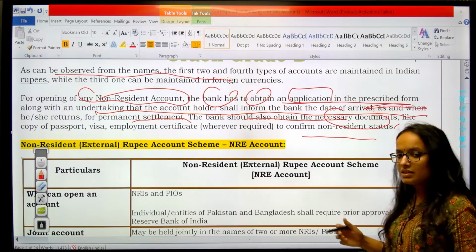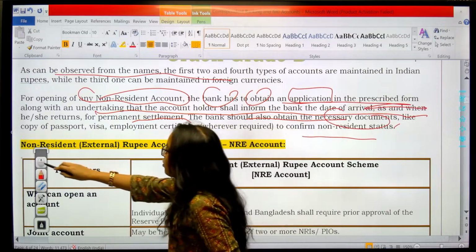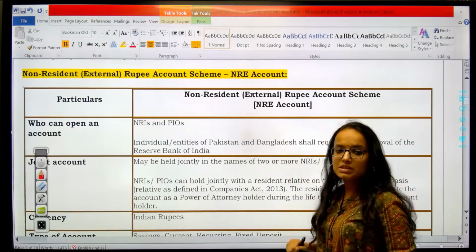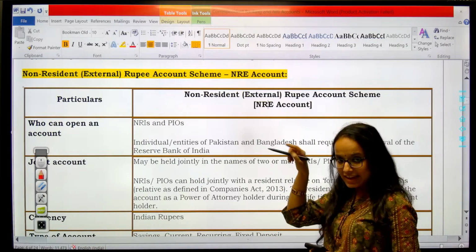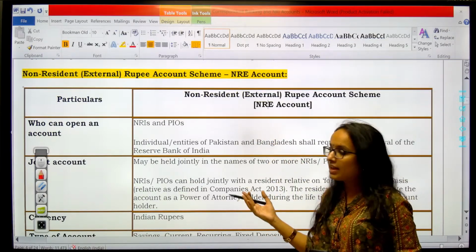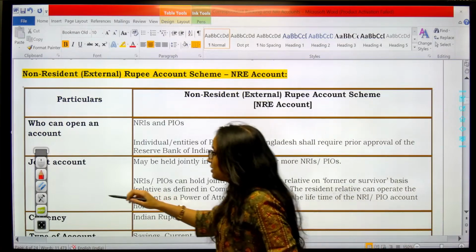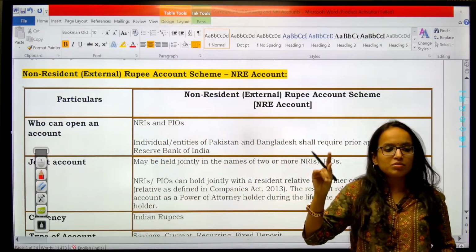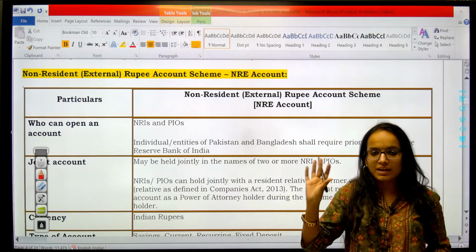Clear? So let's understand the first category of our non-resident accounts, which is the non-resident external rupee account, NRE account. What is it? What all are the particulars? So this is the NRE account, the first category of your NRI accounts, right?